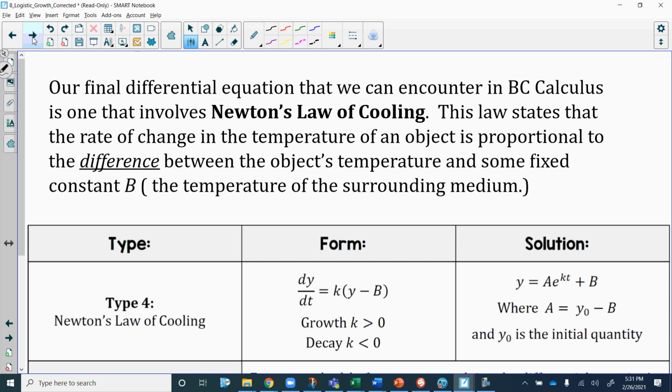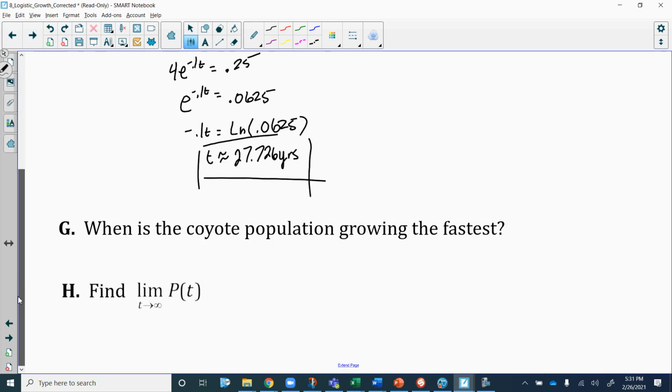Part G is the next step. Is it further down the page? It sure is. When is the coyote population growing the fastest? Well, it's growing the fastest when it's at half of the carrying capacity, which would be 50 in this case.